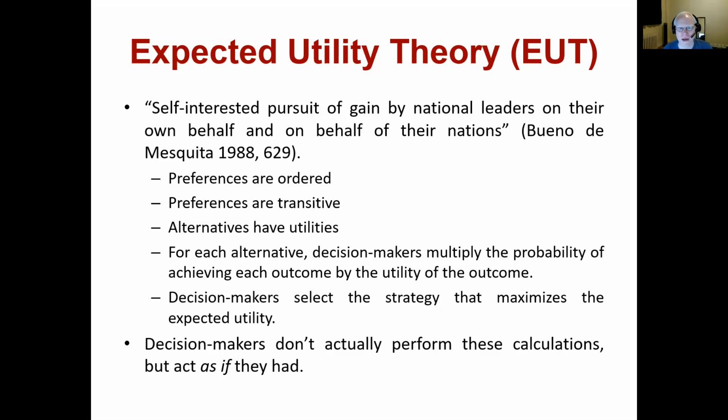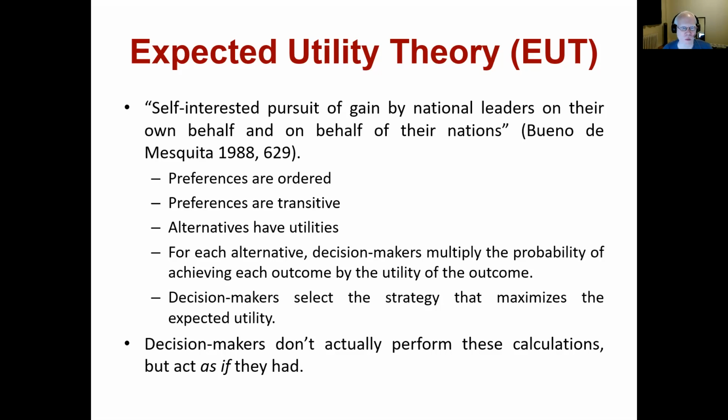So do you like chocolate more than vanilla and vanilla more than strawberry? Say we'll go with the preference order where chocolate is best, vanilla second, and strawberry third. Preferences are transitive, right? This simply means that if you prefer chocolate to vanilla and you prefer vanilla to strawberry, you also prefer chocolate to strawberry.